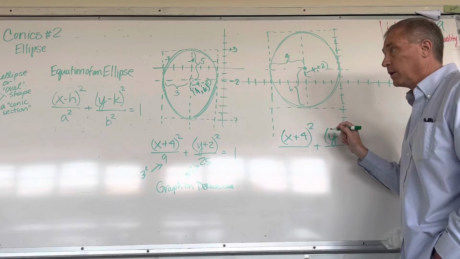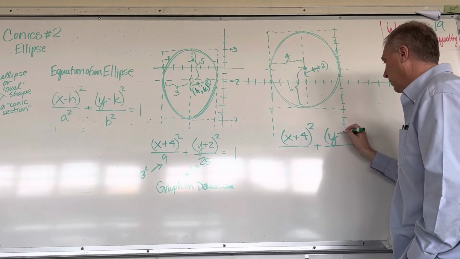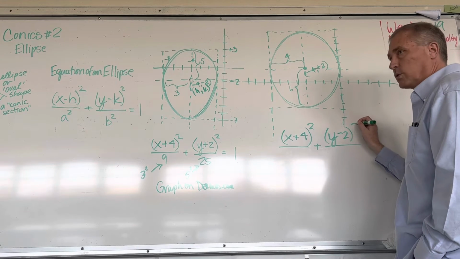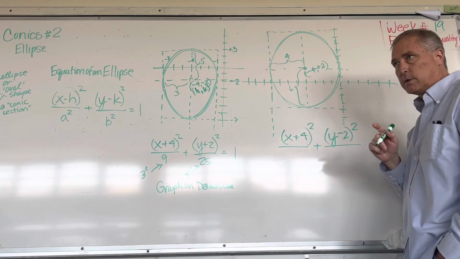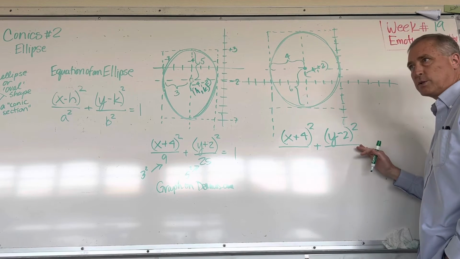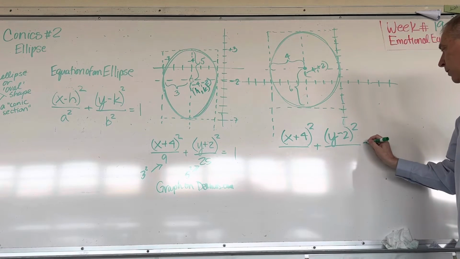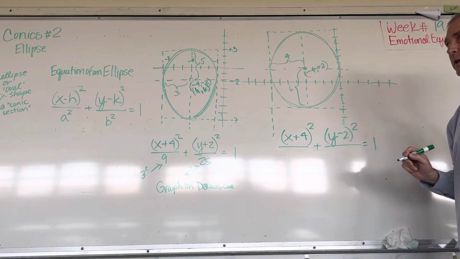Y, because it's this part of the equation, minus, and it's a plus, so -2 squared. You okay with this? I didn't hear totally what you said, Tiffany. Is that what you were thinking of? Okay. This is always equal to 1 because that's the way it works with an ellipse equation.